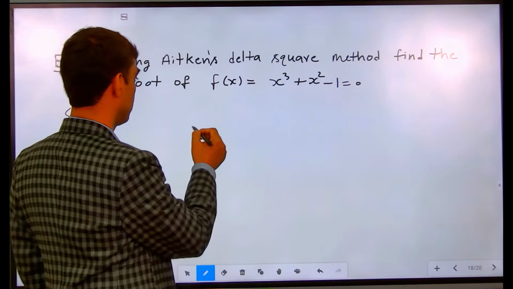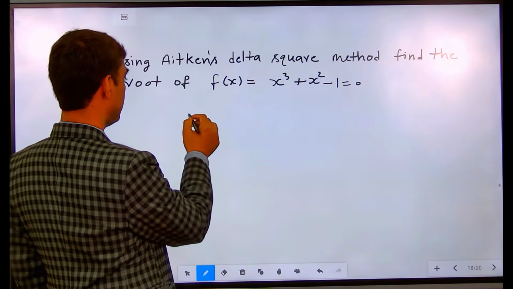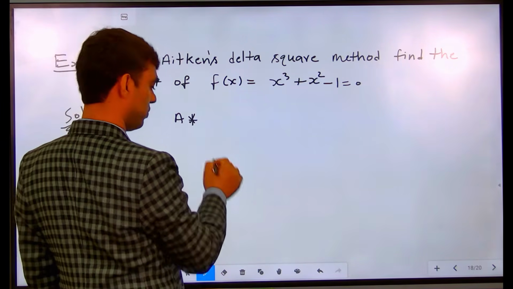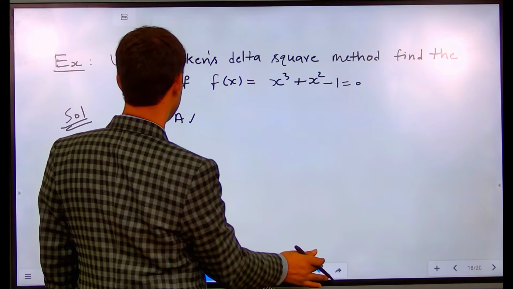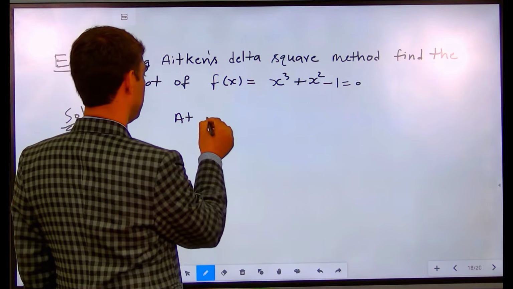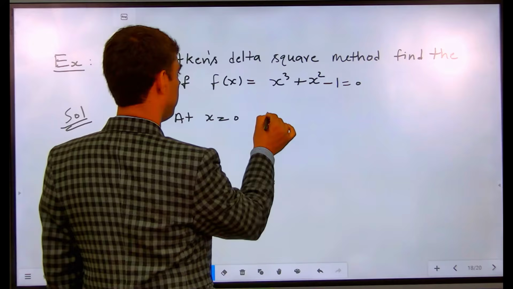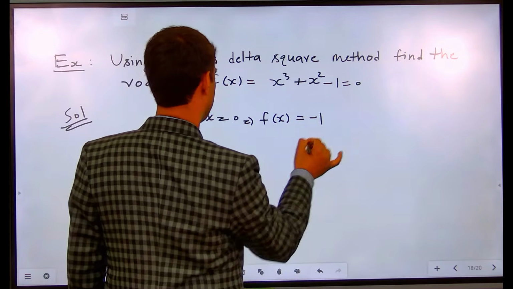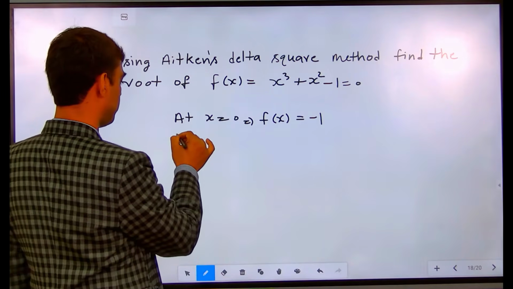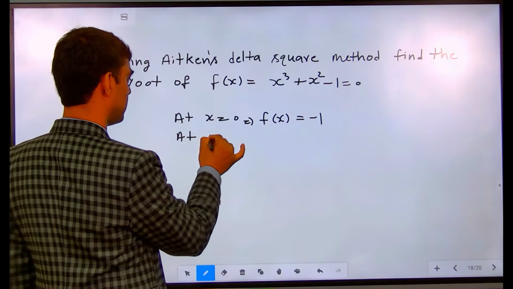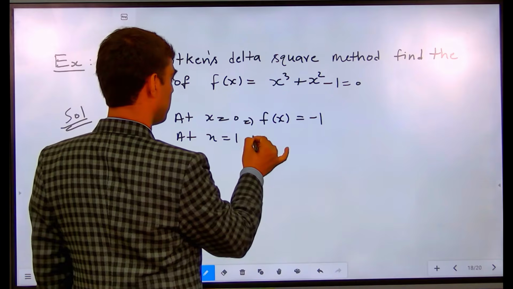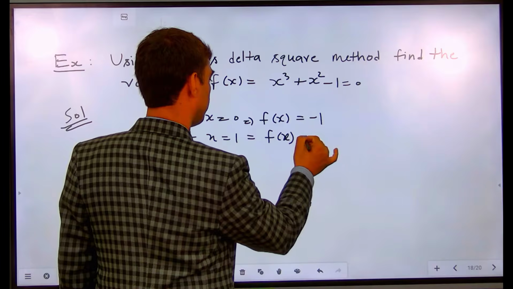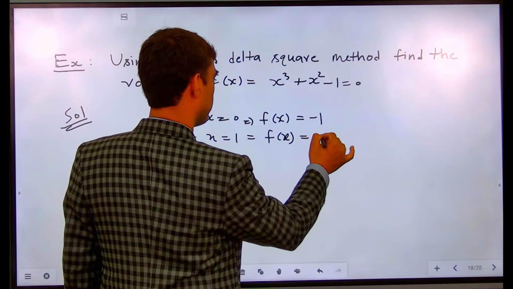Suppose at x equal to 0, what is the value? f(x) equals minus 1. At x equal to 1, f(x) is plus 1.